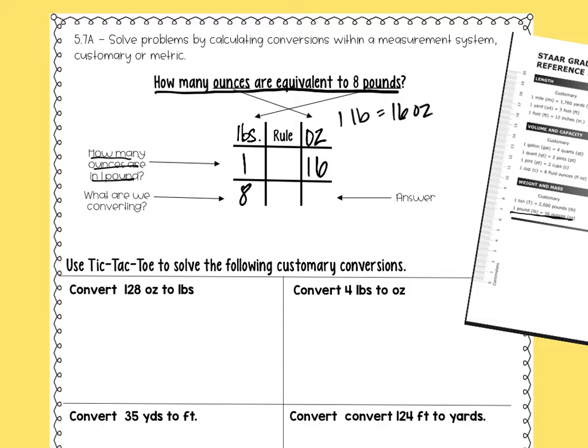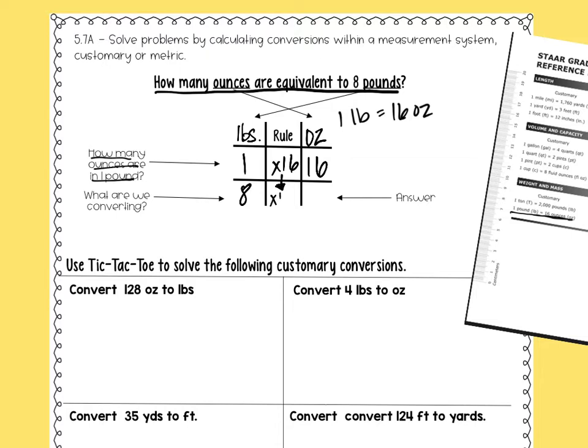So to solve this, I need to figure out, how do I get from 1 to 16? So I can either multiply or divide in my tic-tac-toe board. And I know from 1 to 16, it's getting bigger. So I'm going to multiply. 1 times 16 equals 16. So now that I have that, if I do the rule to the top, I need to do the rule to the bottom.